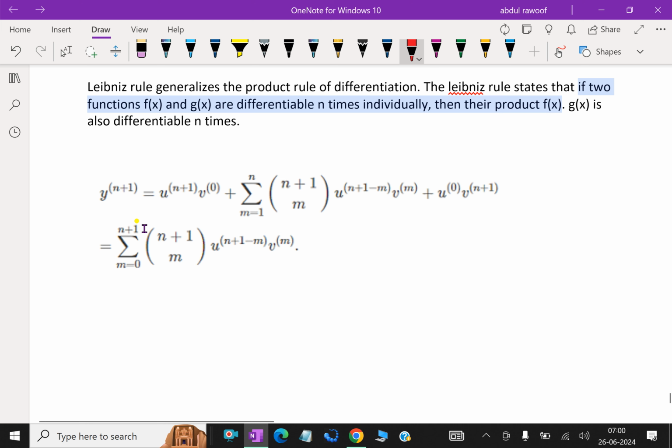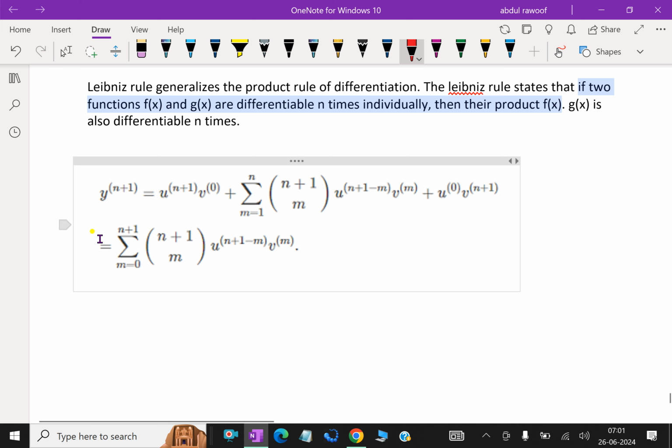For example, suppose the function y power n plus 1, that is the n plus 1 times differentiation of uv, is u, the first function, differentiation of u to n plus 1, v power 0, then plus sigma m from 1 to n, n plus 1 C m, u power n plus 1 minus m, v power m, plus u power 0, v power n plus 1.